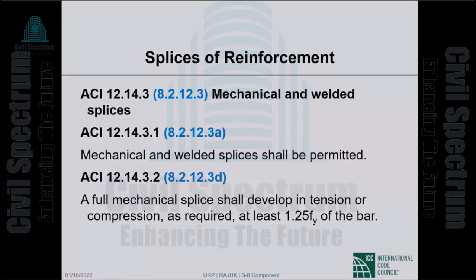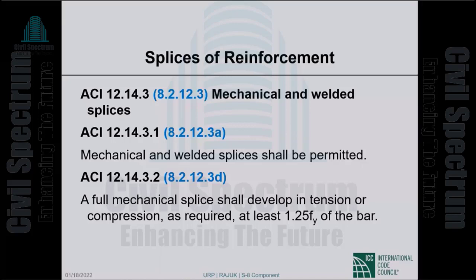Particularly in a congested situation, imagine a column. It typically will not have only peripheral reinforcement. There may be interior reinforcement. How would you get in there to install the mechanical splices? So there are limitations.